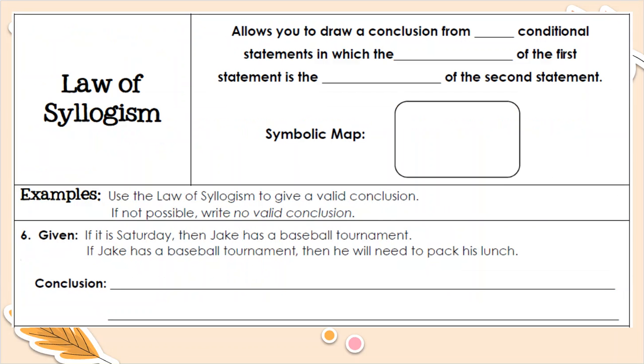All right, now let's take a look at the law of syllogism. For the law of detachment, we were looking at one if-then statement followed by a P statement, drawing a conclusion of Q. Here we're actually going to be working from two conditional statements, where the conclusion of the first statement is the hypothesis of the second statement.